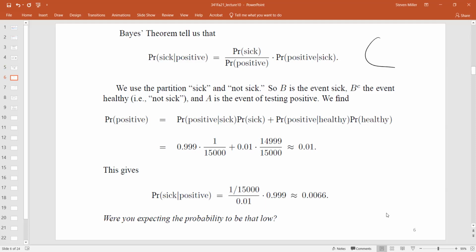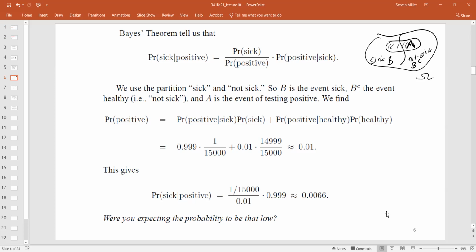So if you want, we have a space omega, and we split it into sick, which is B, and not sick, which is B complement. And then here is the event A over here.